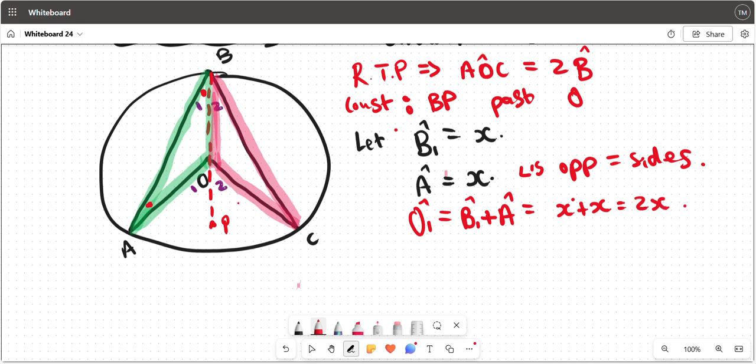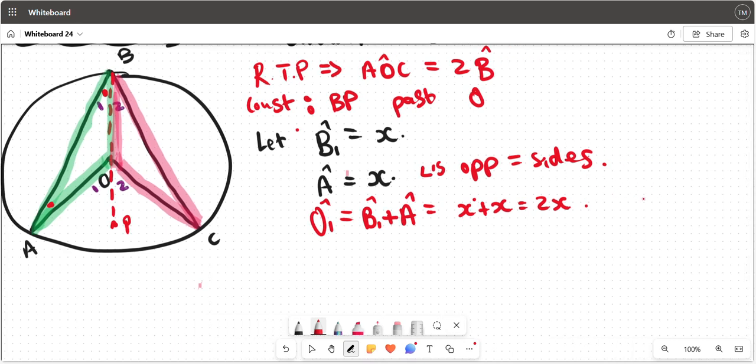So that's what O1 is there. And what is my reason for this? My reason is exterior angles of a triangle. All right, so I'm done with the green triangle.